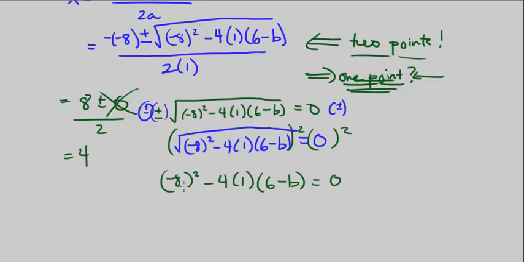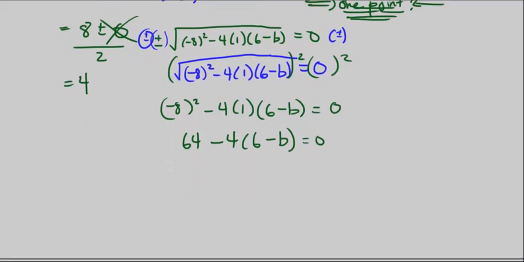Okay? So now we're just going to simplify this. Negative 8 squared is 64, positive, because negative times negative is positive. Minus 4 times 1 is 4, times 6 minus b. Okay? The rest is pretty simple algebra to solve for b.